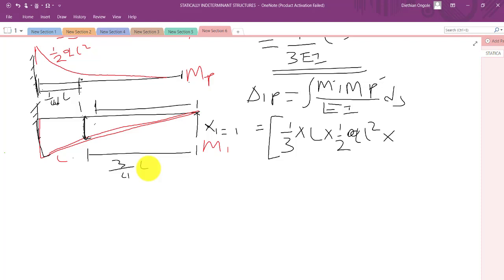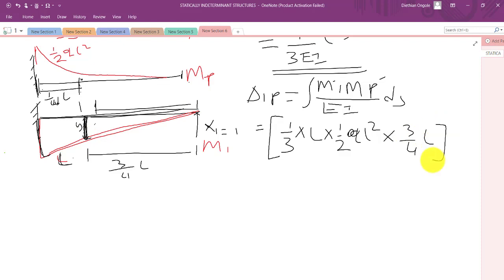So this height here is what we shall call y, the height at the position where the center is. We observe that our triangle has a height of L, and the base is also L. Therefore the ratio of the height to the base is 1 to 1. So for this triangle also, the ratio of base to height is 1 to 1. Therefore, our height y would be equal to 3 over 4 L.